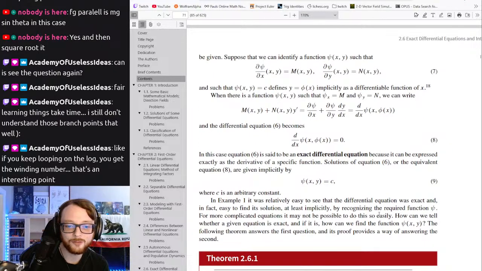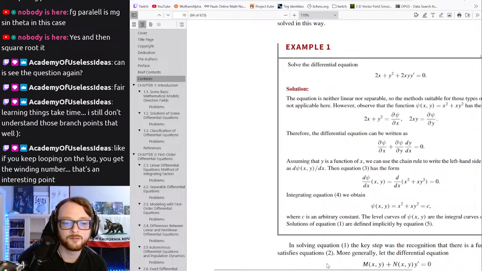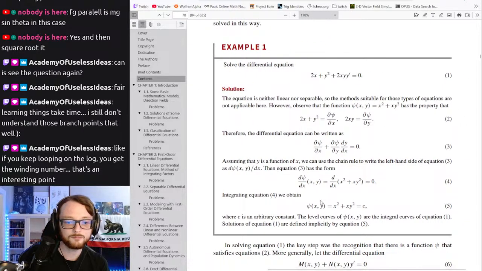I don't get the exact relationship between psi and y. Why would this equaling a constant give you the thing you actually want, which is y?